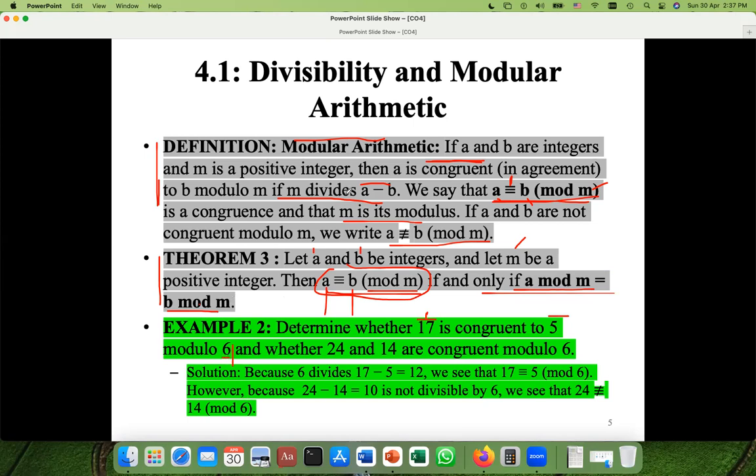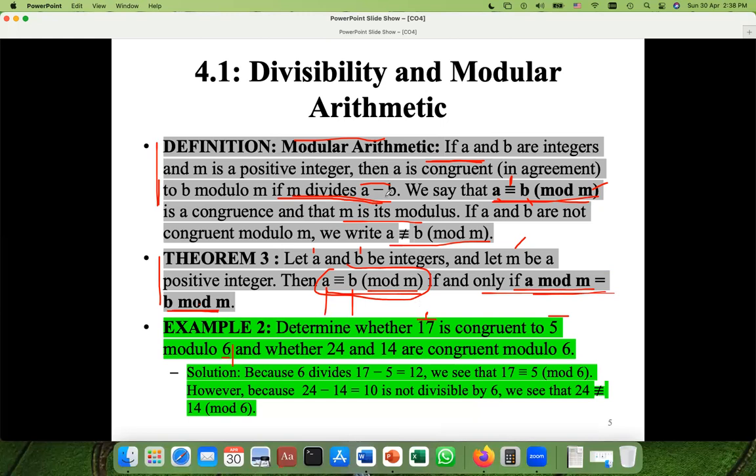So how can you find that? A is congruent to B modulo M if M divides A minus B. This is one condition. You can find congruence by using this concept, or using this concept, according to the theorem. By the way, this is also the same thing, A minus B mod M, if you simplify it.